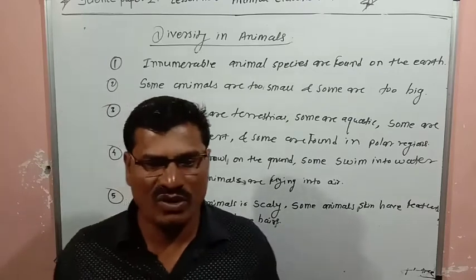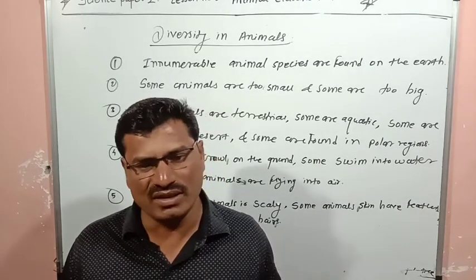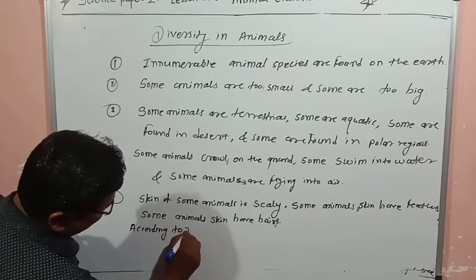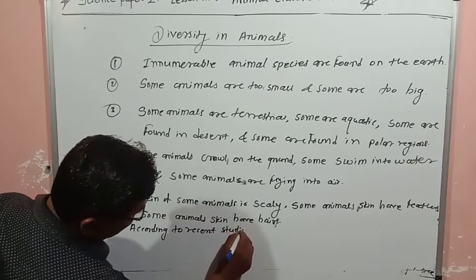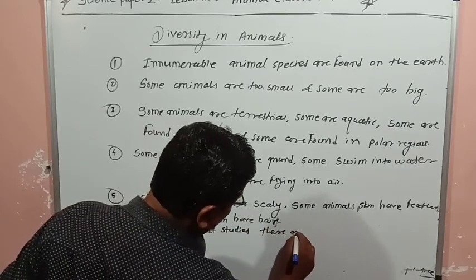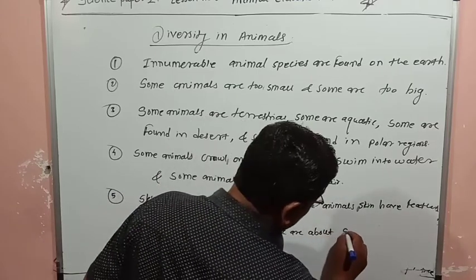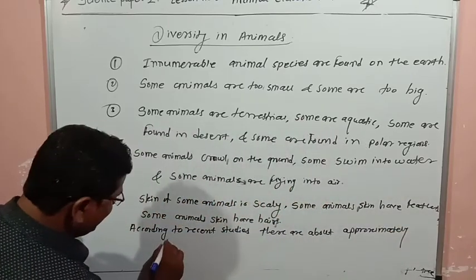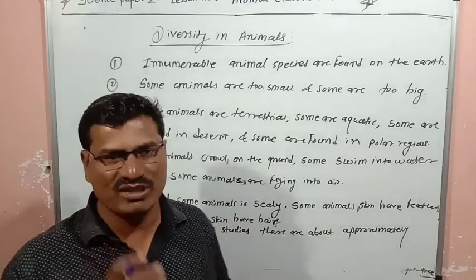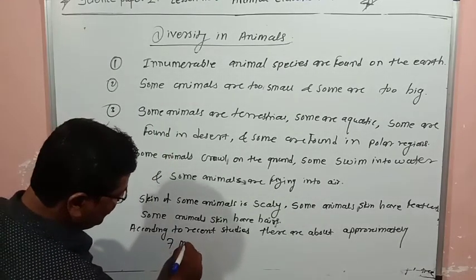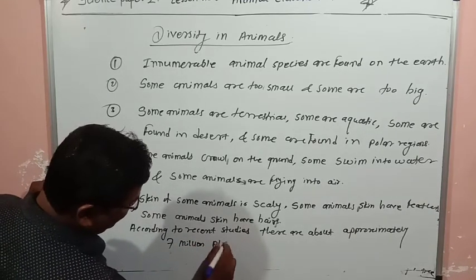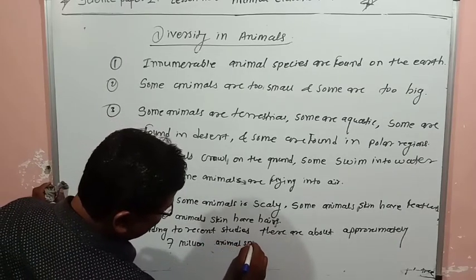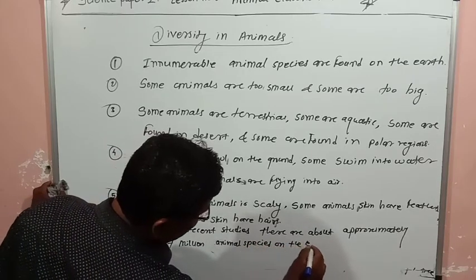According to recent studies, there are approximately 7 million animal species on the earth.